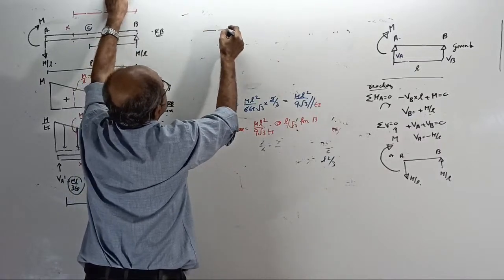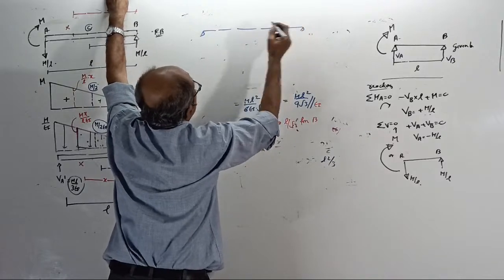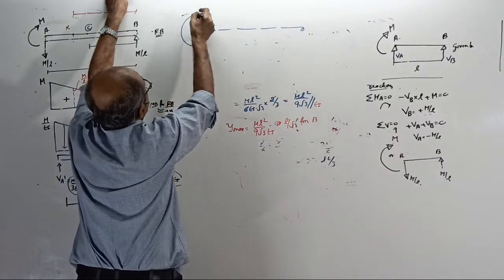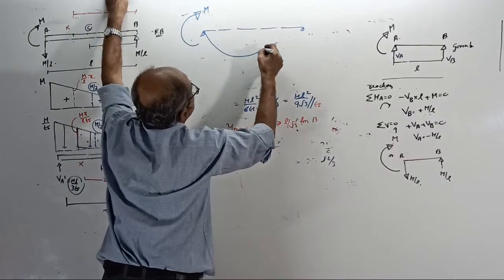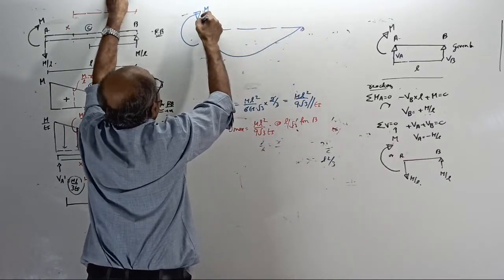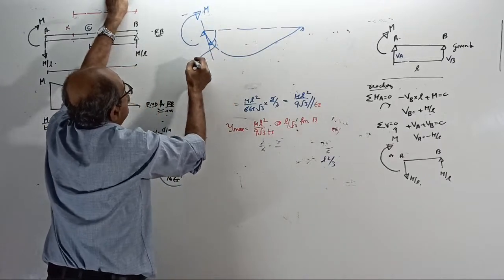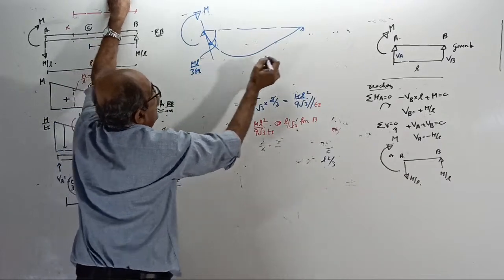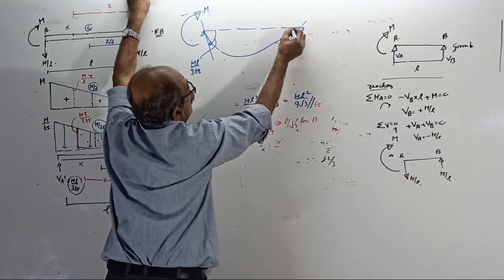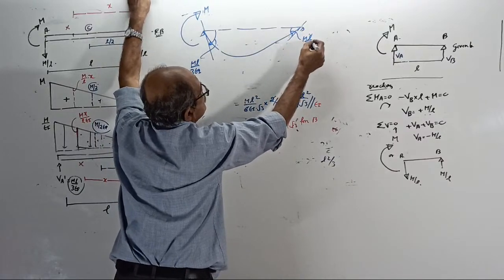For a simply supported beam, at any support, you apply a couple M, the beam will bend like this. Then, where you apply the couple, the slope equals ML by 3EI. At the other support, the slope equals half of this value, ML by 6EI.